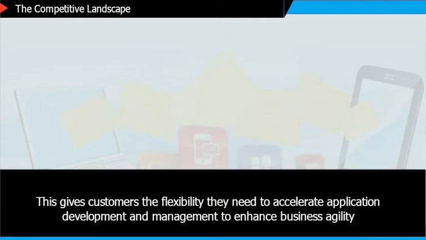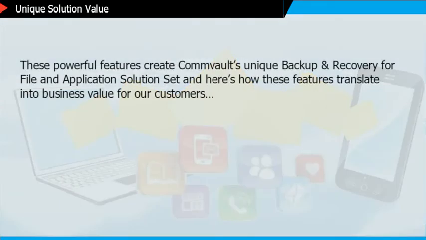This gives customers the flexibility they need to accelerate application development and management to enhance business agility. Commvault provides a solution that delivers a powerful combination of IT and business outcomes and results.